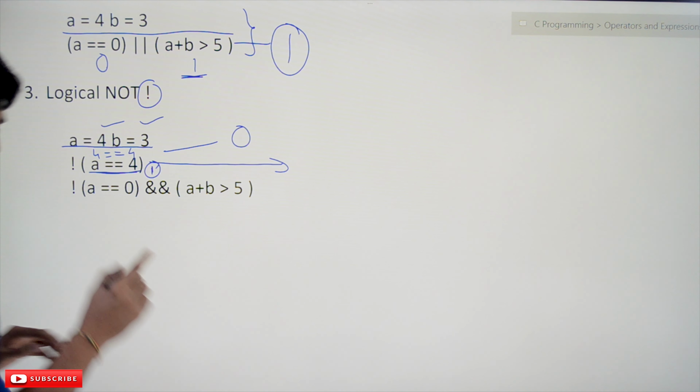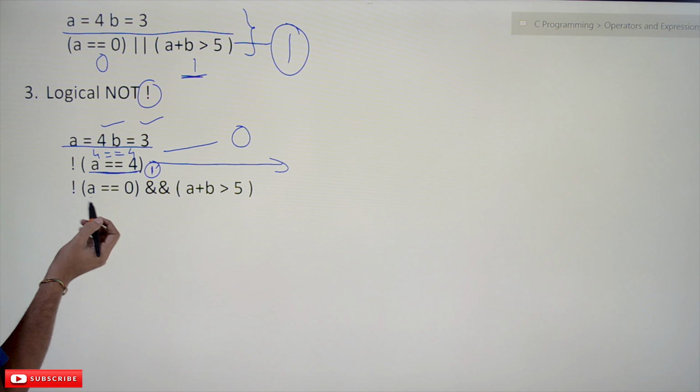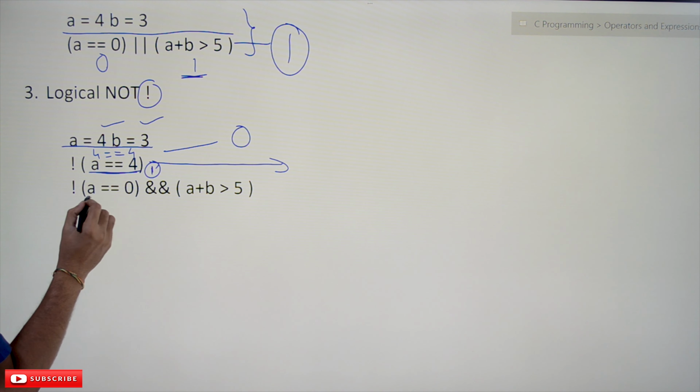Okay, so now a equal to 0. Is 4 equal to 0? No, it is not. So it is going to produce an output of 0. As the negation symbol is used with 0, the output of this expression evaluation will be negated. So this expression will get evaluated as 1.